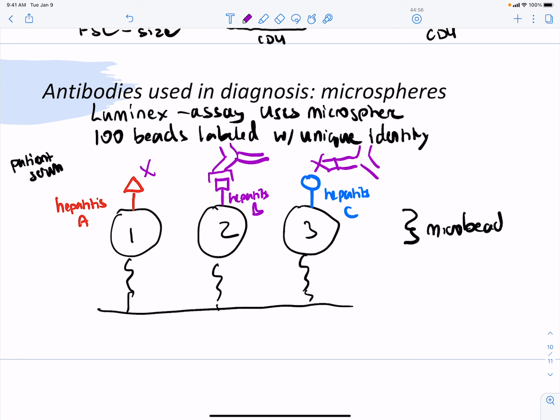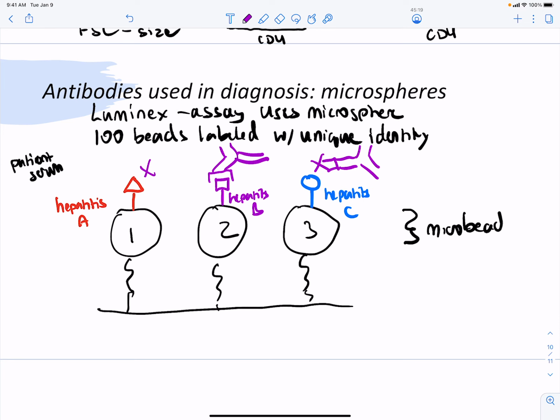As long as you have a bead that has the specific antigen that you're looking for, you can test a lot in a single go. And so this is a lot of power in order to be able to use a small sample size, such as a person's blood sample, and look at many different specificities at the same time.